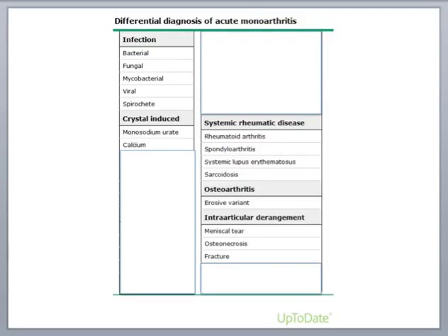These last couple slides are to aid in distinguishing the different arthritides from each other. This is a differential diagnosis of acute arthritis involving one joint, or monoarthritis.